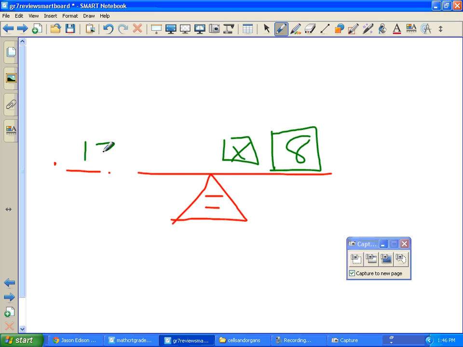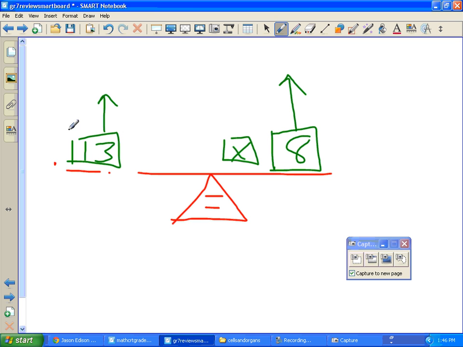And there's 13. Now, if I want to balance these scales and make sure they are exactly the same, if I take 8 off of this side, I can take away 8 from the other side as well.